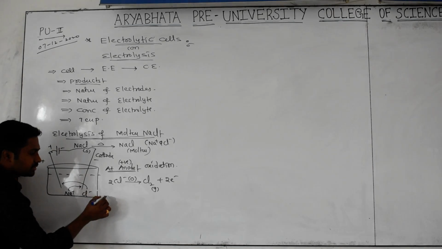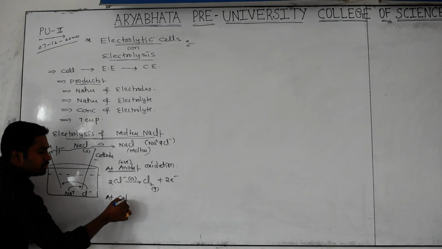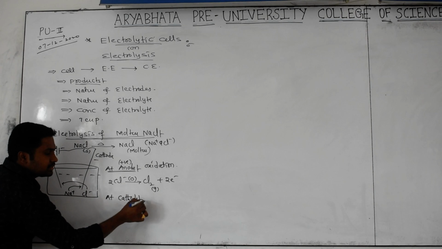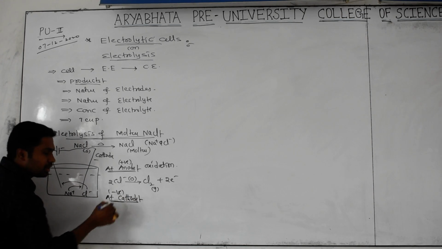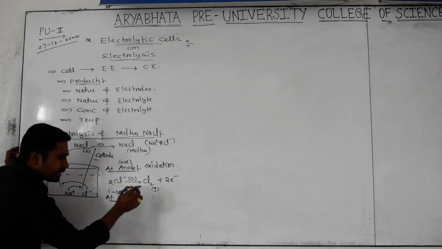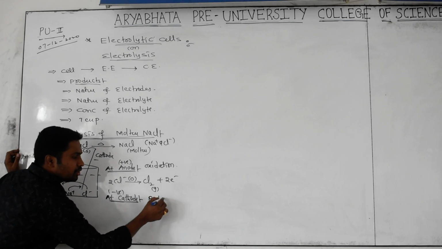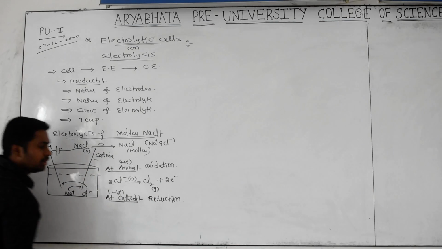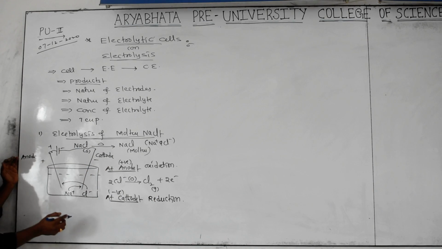At the cathode, the negatively charged rod attracts a positively charged particle from the medium, and at the cathode reduction always goes on. Which particle goes towards the cathode? Na+.